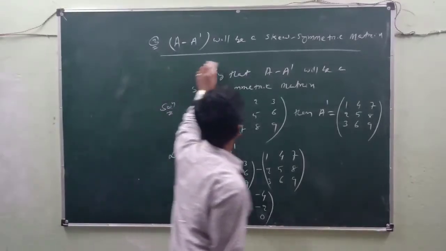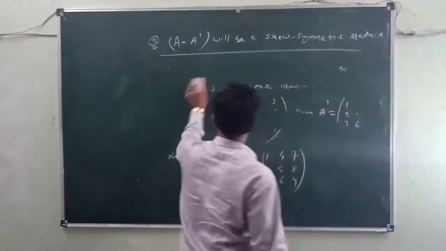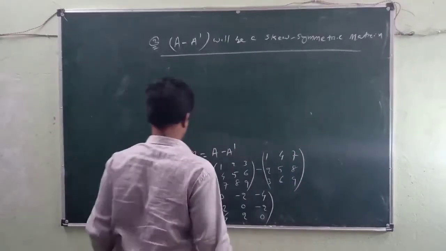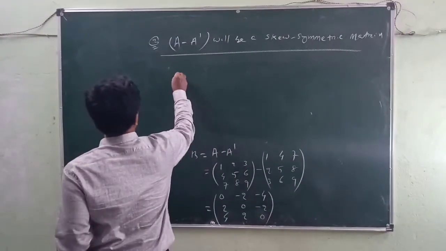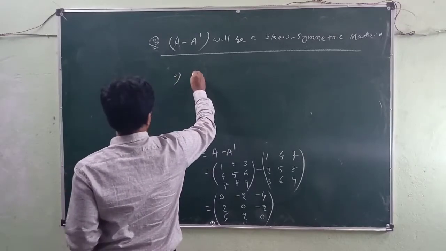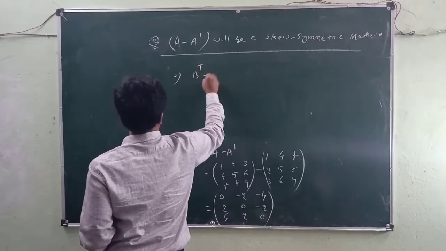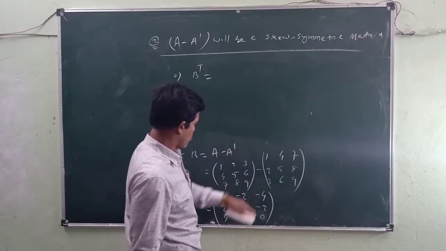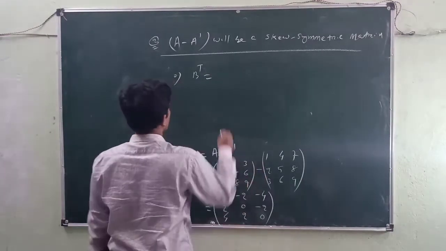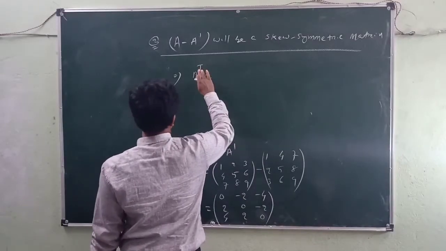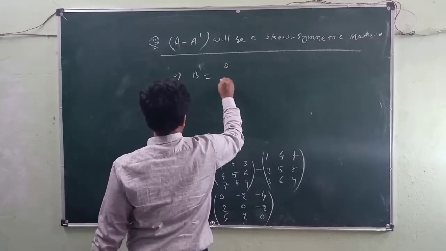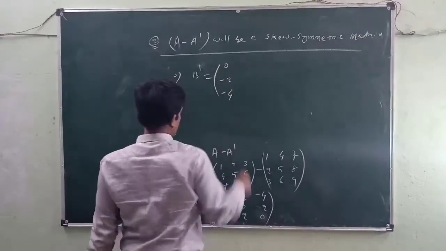Now that implies the transpose of B. Look, here in row wise it is 0, minus 2, minus 4. So you write it in column wise, transpose means that. So it will be 0, minus 2, minus 4.